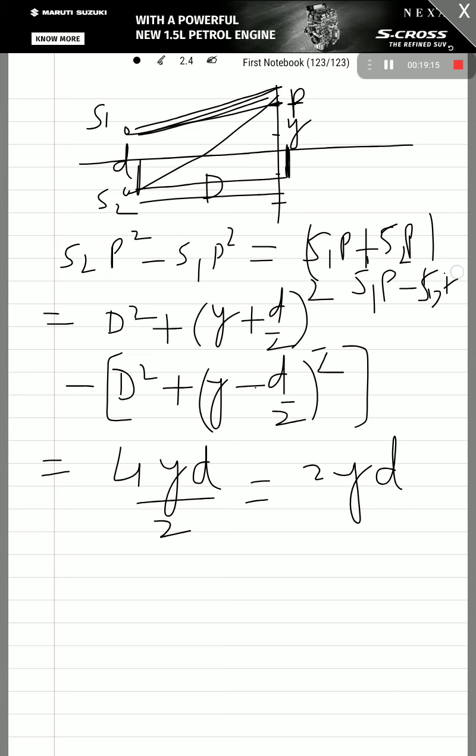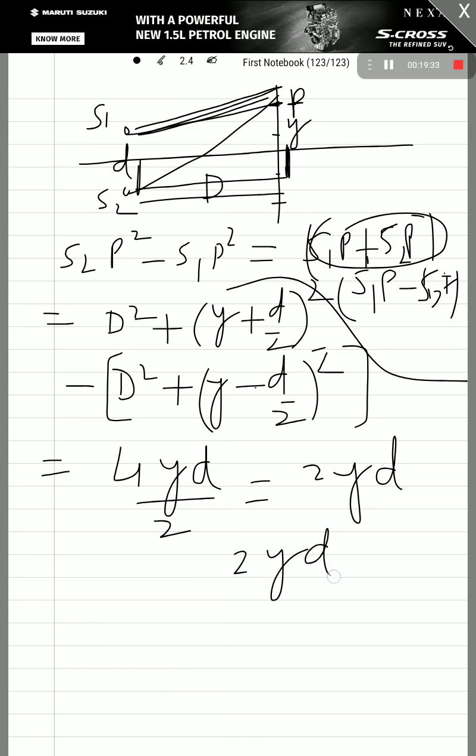It is just a square minus b square equal to a plus b times a minus b. So if I take this in the denominator, I can write 2yd upon S1P plus S2P.